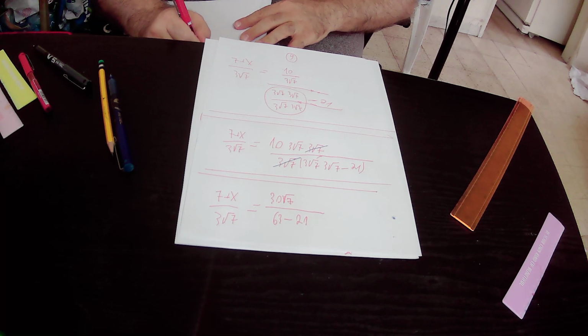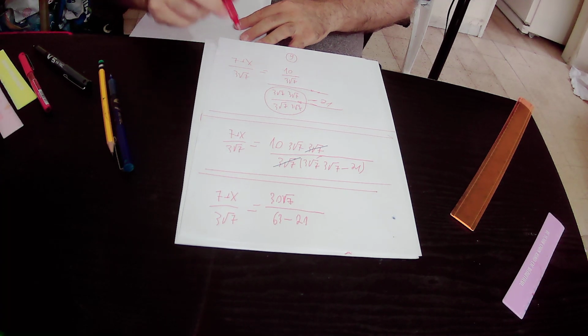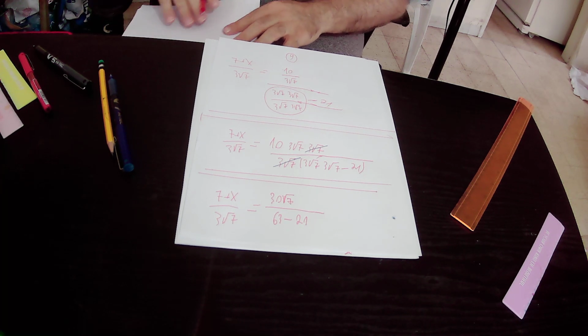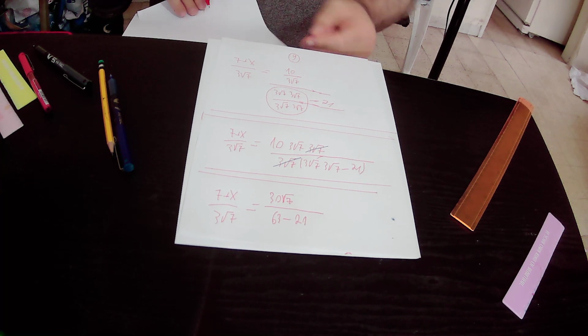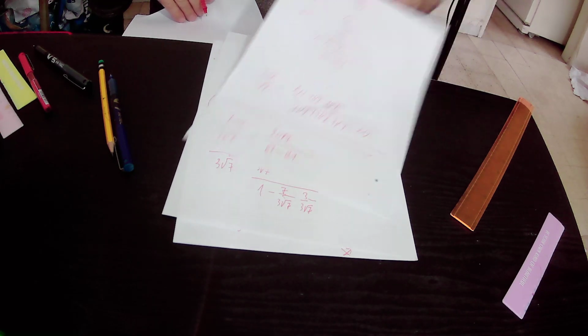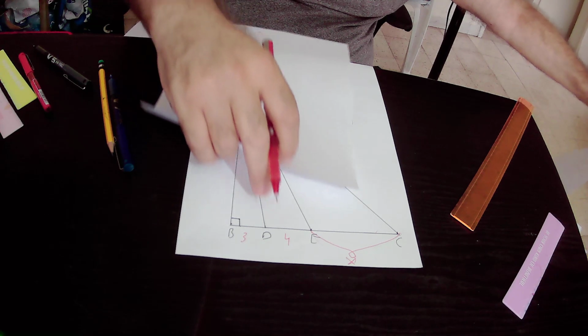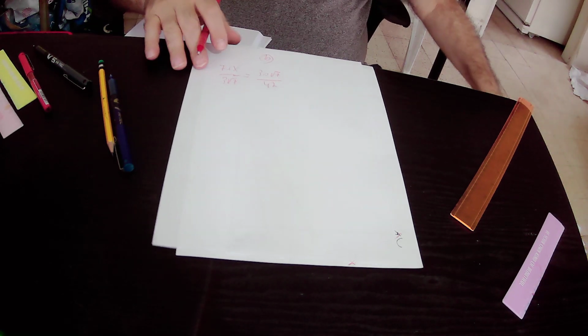7 plus x over 3 times root 7 equals to 30 times root 7 over, again, 63 minus 21 is 42. So in total we got this equality.